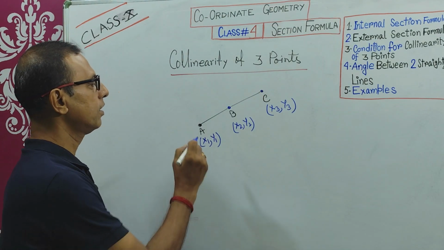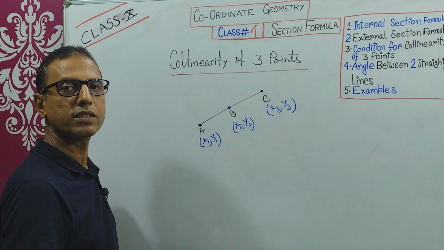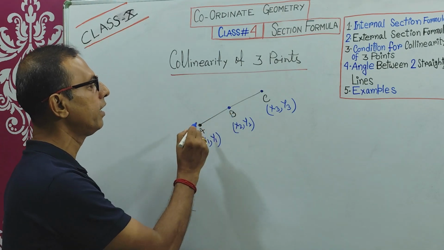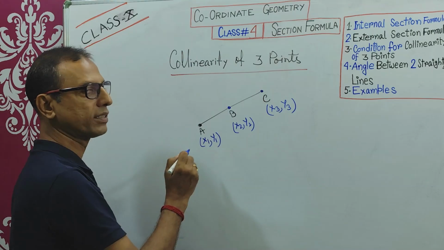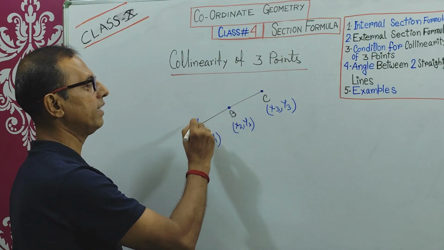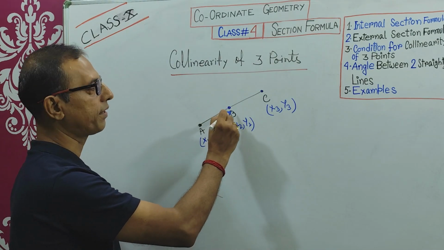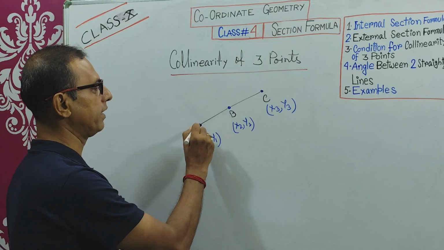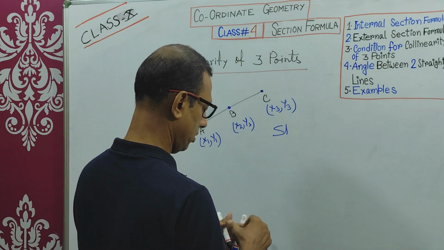The concept is, if A, B and C are all on the same straight line, that means if you take any two points, either AB or BC or AC, whichever way, you need to consider the gradient or the slope. Let's say the slope of AB.